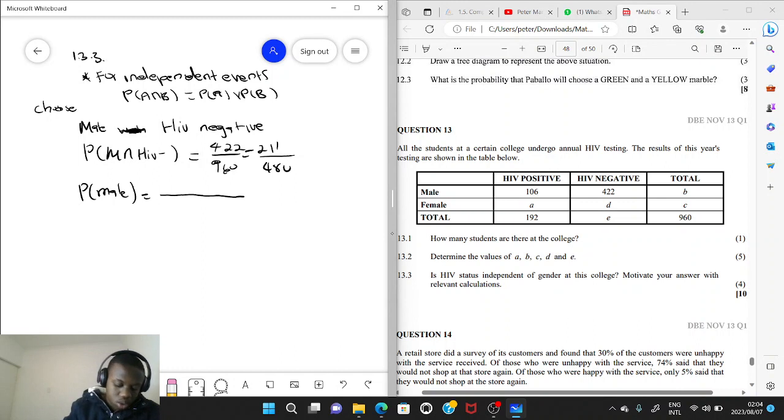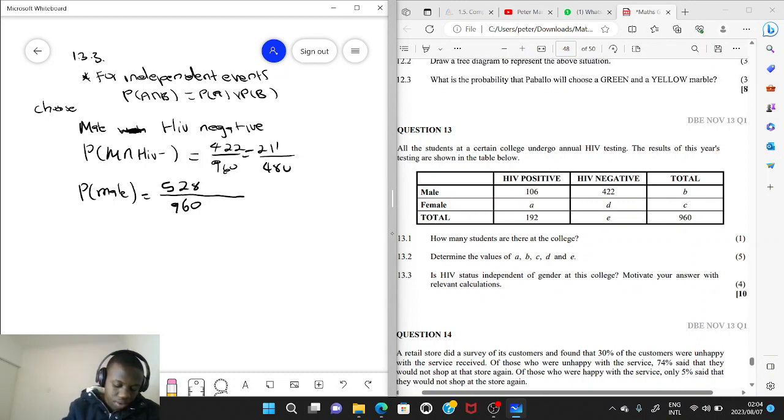So 106 plus 422 turned out to be 528. So we will have 528 over 960.